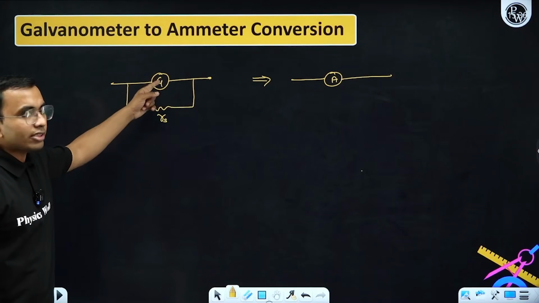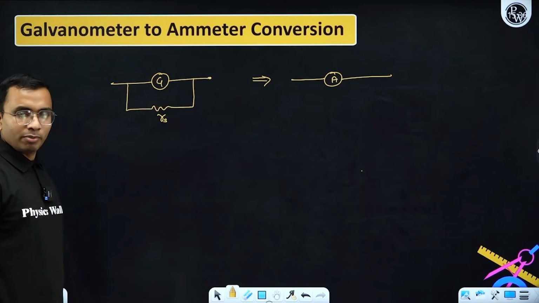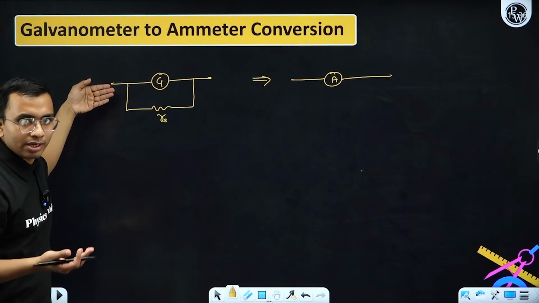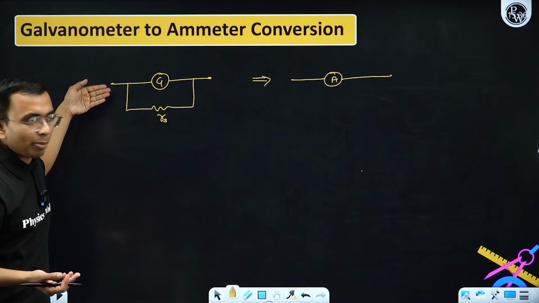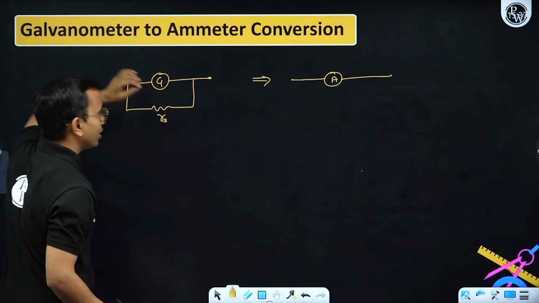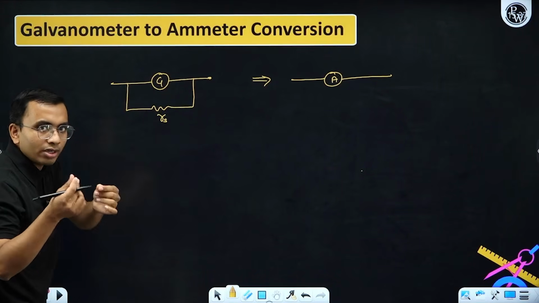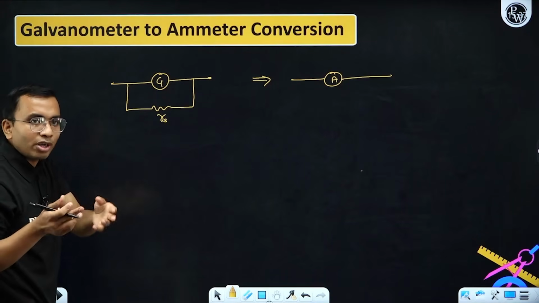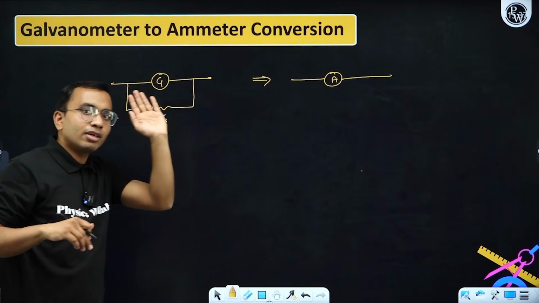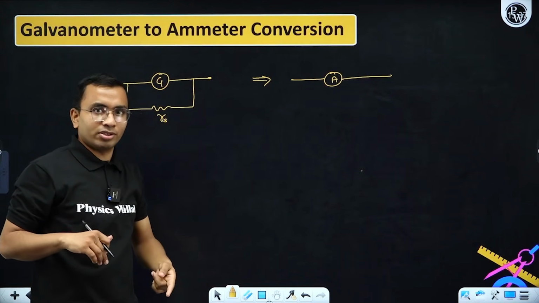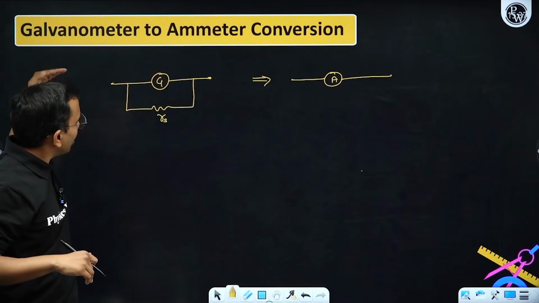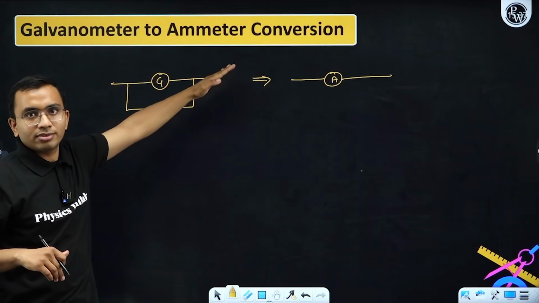It had a range of a few microampere. Now some current is coming which is very large. What will happen? This resistance is very small, so most of the current will pass through it. Only a very small current, of microampere order, will pass through the galvanometer, such that the galvanometer full scale deflection is not crossed. So the galvanometer will show its full scale deflection only, but a large current will be able to pass.